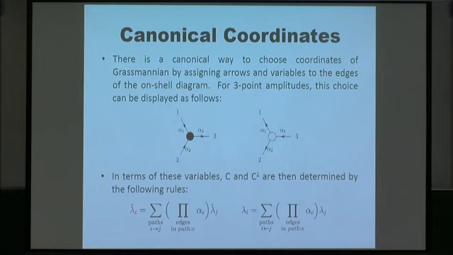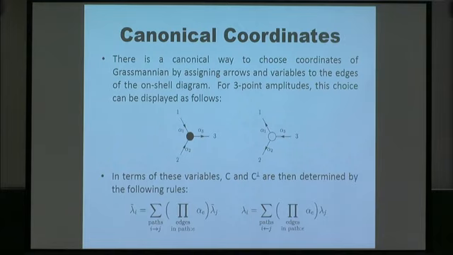For the C matrix, you start with an incoming leg, and then you just follow the arrow through to the end of the diagram, and that gives you a relation between the lambda tilde spinor on that internal leg and the lambda tilde spinors on the other external legs, simply by keeping track of all the alpha parameters that you pass through along each given path and multiplying them together, and then summing over all possible paths.